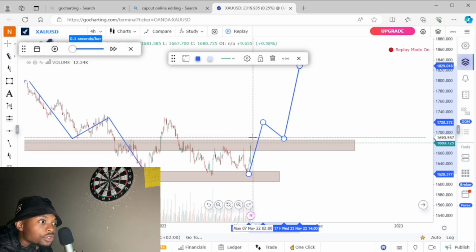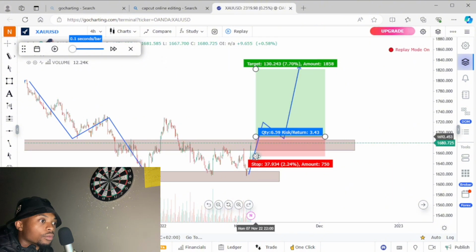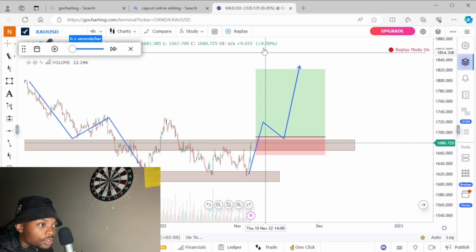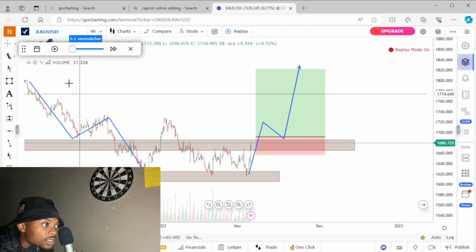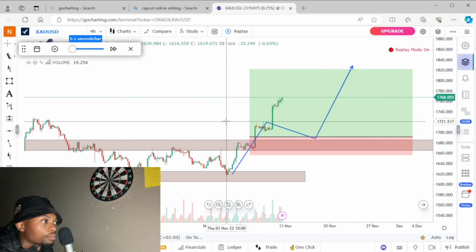This is not compulsory, but it just helps you with patience, I'd say, and then also makes it easier for you to anticipate exactly where you want to place your stop loss and your take profit. So we basically wait for this move to play itself out. So let's see. And boom, you see?